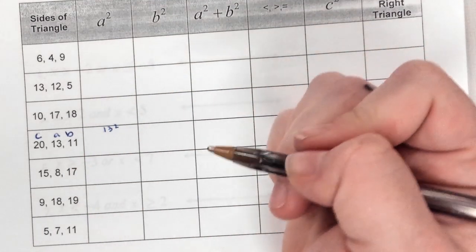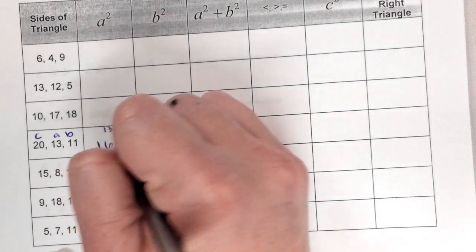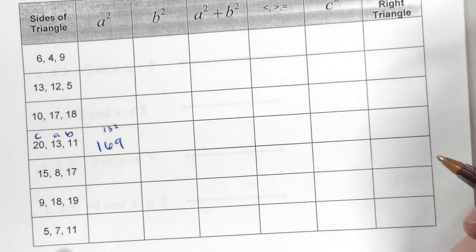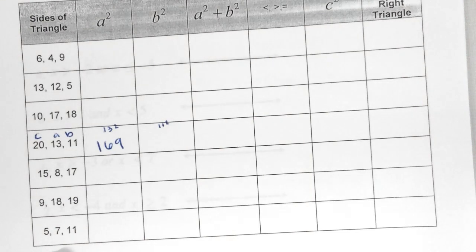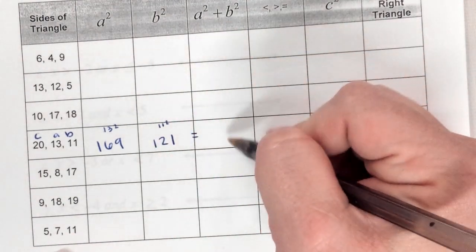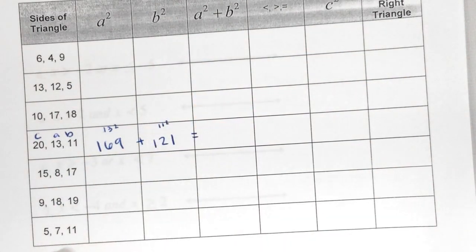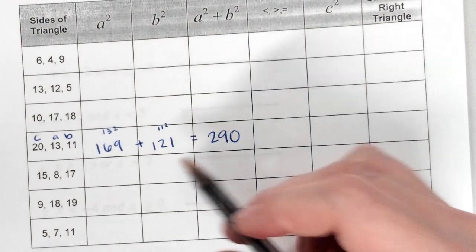What's 13 squared? It's 169. I have to type it in my calculator, that's fine. For B, I chose 11, so what's 11 squared? 11 squared is 121. And then it says A squared plus B squared. So 169 plus 121 is 290. So that's my A squared plus B squared.